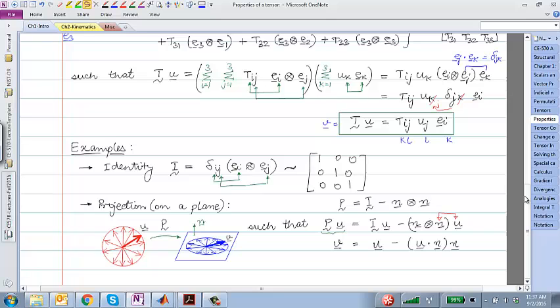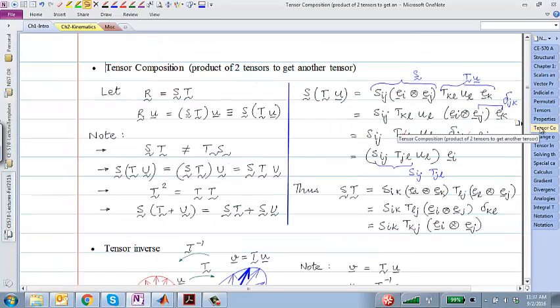We looked at these examples of tensors, and where we were last time was this composition of tensors. I was telling you that you can compose 2 or more tensors to come up with a new tensor, which essentially would be like combining those ellipsoids to get a new ellipsoid, right? So we looked at how that works.